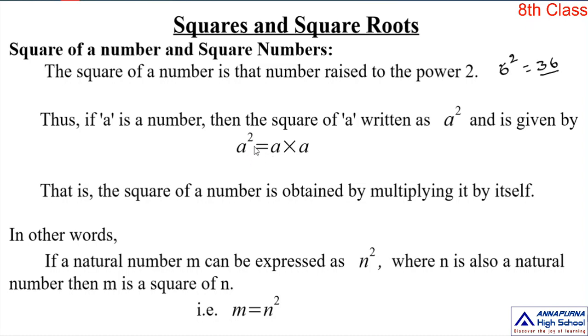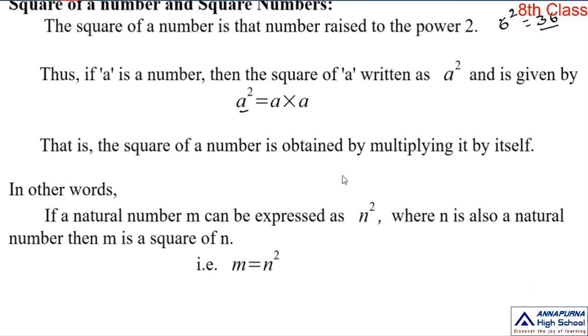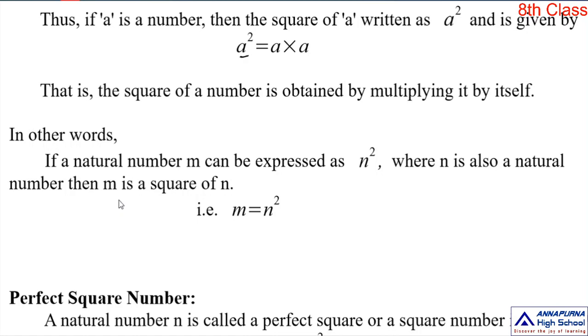Here the exponent is 2, that's why we multiply the base 2 times. So a square means a into a. The value of that a square is called the square of a. That is, the square of a number is obtained by multiplying it by itself.